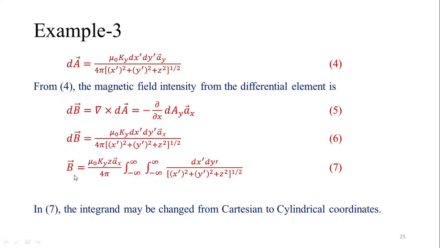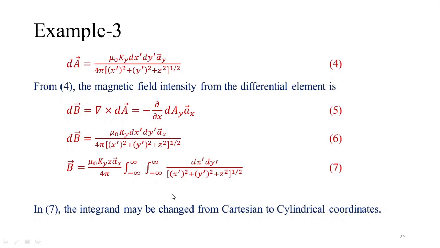Now the B vector is the integral of this. Take the constants outside: mu naught Ky ax divided by 4 pi, integral minus infinity to plus infinity, integral minus infinity to plus infinity. This one is for x dash and y dash, with the remaining quantities inside.